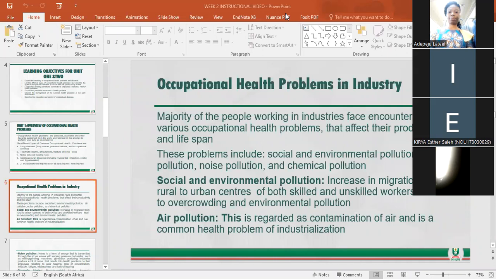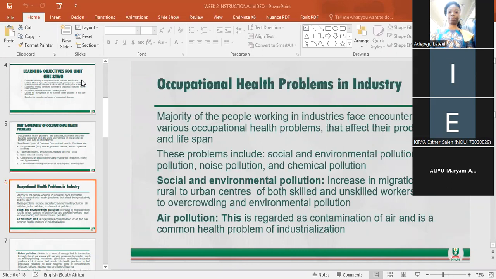I've also established that these problems include social and environmental pollution, air pollution, noise pollution, and chemical pollution. So when we say social and environmental pollution, what do we mean? Or what do you understand by that?